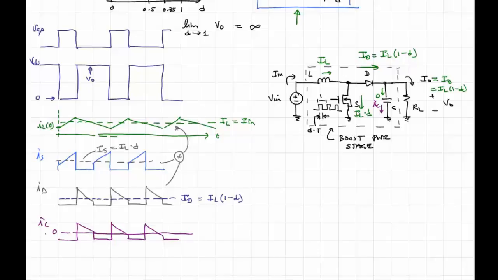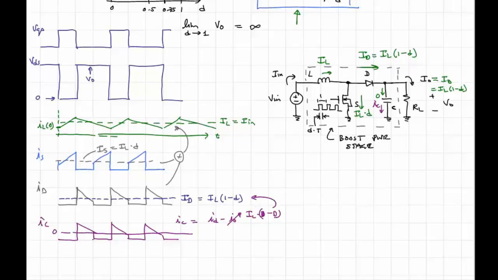It's simply IC is equal to I of the diode minus I out, which is just equal to IL times 1 minus D.